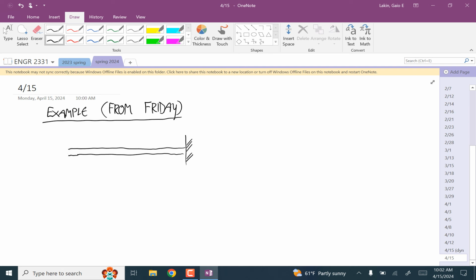We have this beam with a fixed joint at the right and a pin joint at the left. And there is a force of 5,000 newtons.